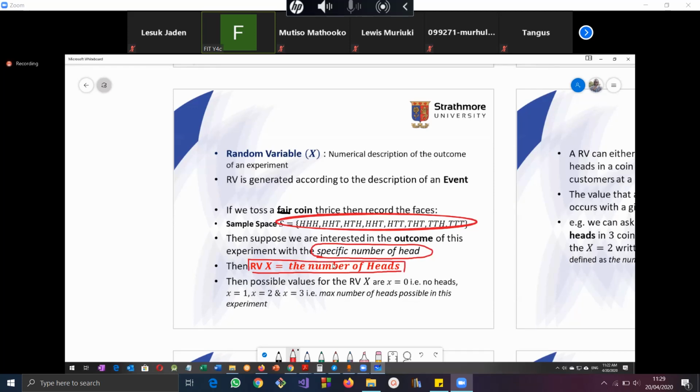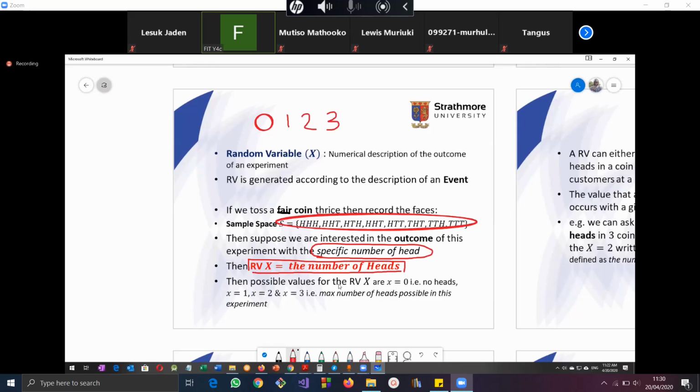For instance, if I toss a coin 3 times and my random variable is the number of heads, I can either get 0 for no heads, 1 for 1 head, 2 heads, or 3 heads. There's no way I can get 4 heads because I have only tossed the coin thrice. That's going to be important.